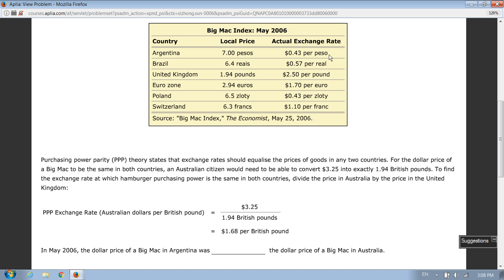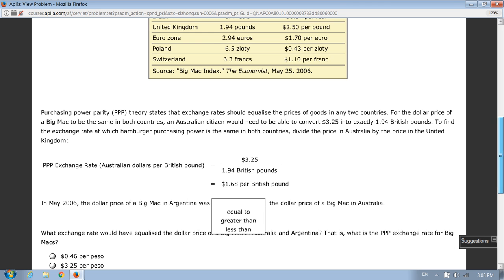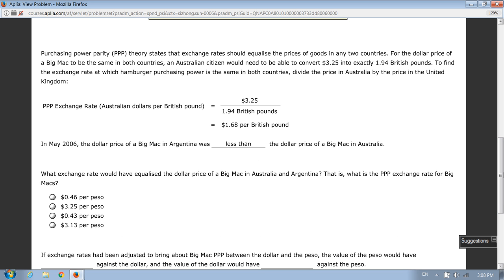So the Australian dollar price would be 7 times 0.43, which is 3.01. Which is less than 3.25, the price in Australia. So it's less than the dollar price of a Big Mac in Australia.